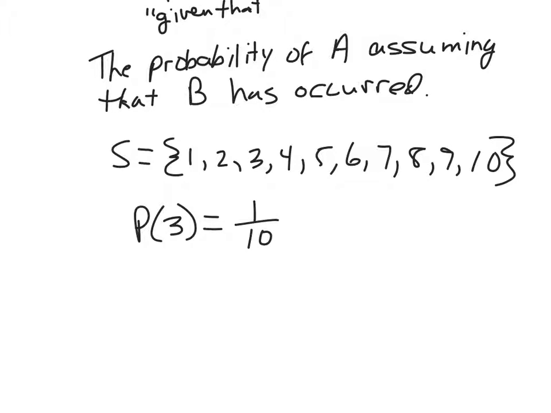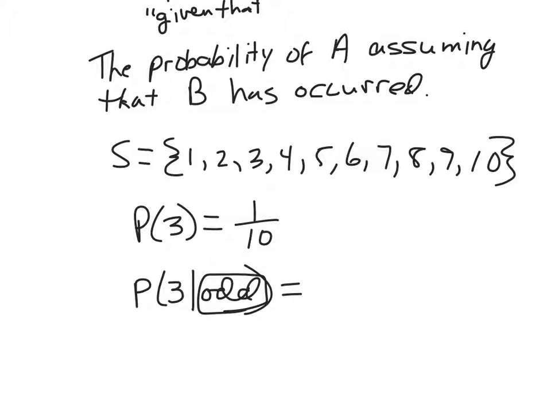But if I ask you, what's the probability of picking a 3 given odd, what does that mean? Well, what it means is we assume the second thing has occurred. We assume that the number that we picked was odd, and then we find the probability of a 3. So the second condition limits our sample space.